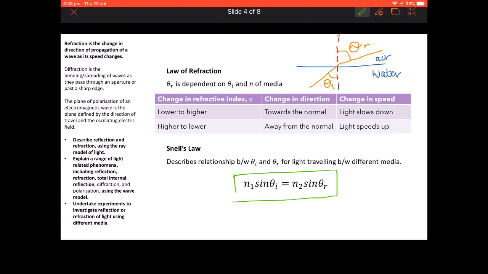And you can use this rule for determining unknown values. So if you're trying to work out the refractive index of a material, if you're trying to work out the angle of incidence or the refracted angle given any of the other values, then you'll be able to apply this rule.